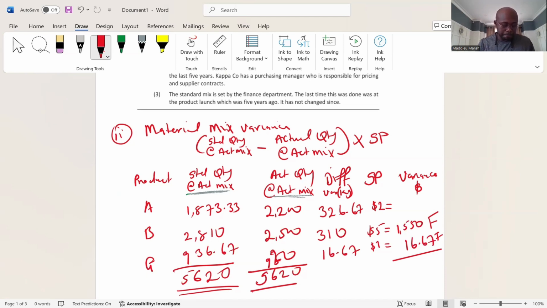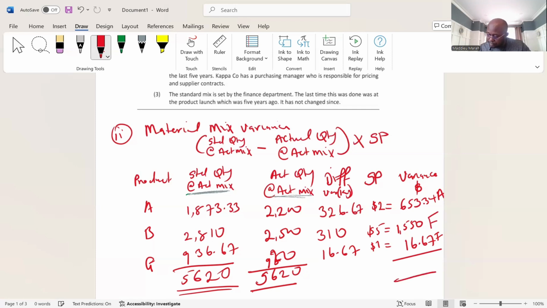This will give me 653.34. So this one, my standard is 1873 and my actual is 2000. So this variance is an adverse variance. The actual is greater than the standard, adverse variance.